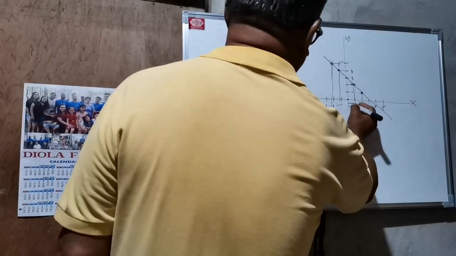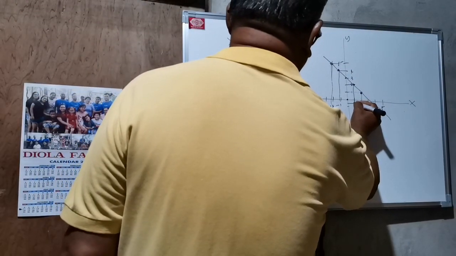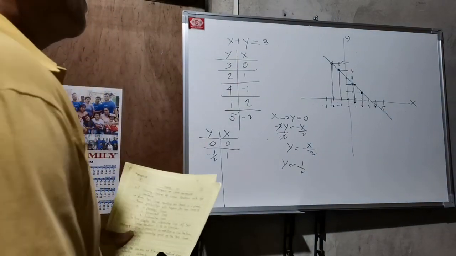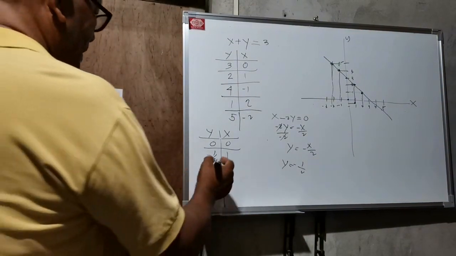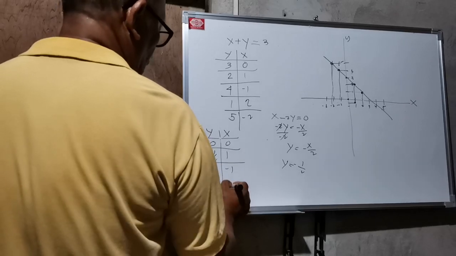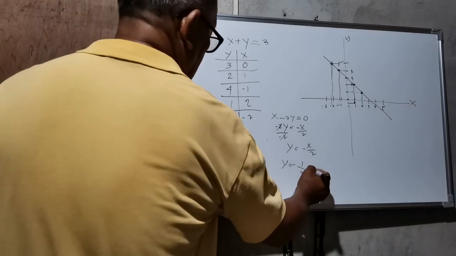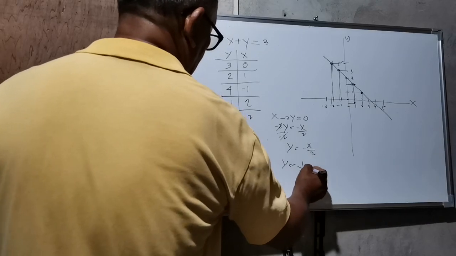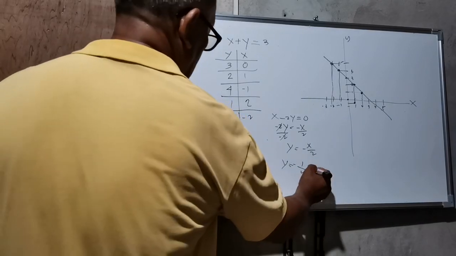If the value of x is negative 1, negative 1 is the value of x.